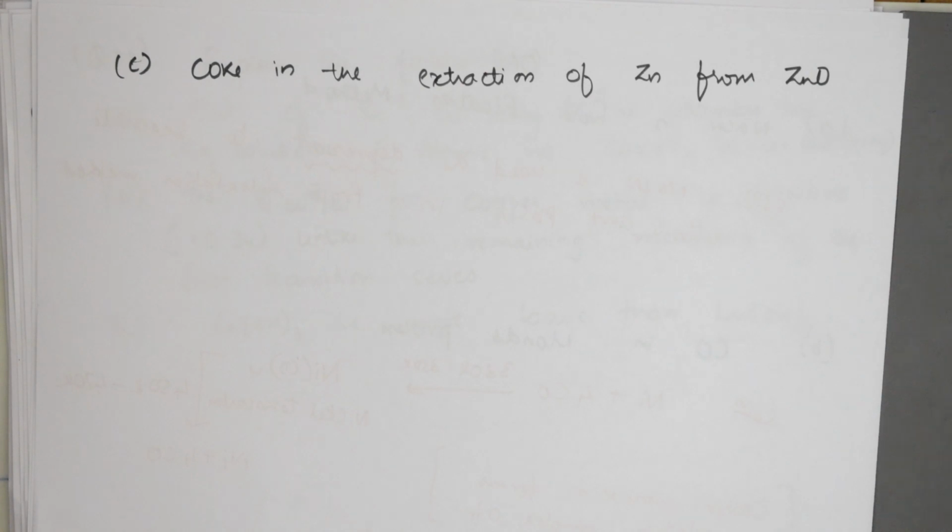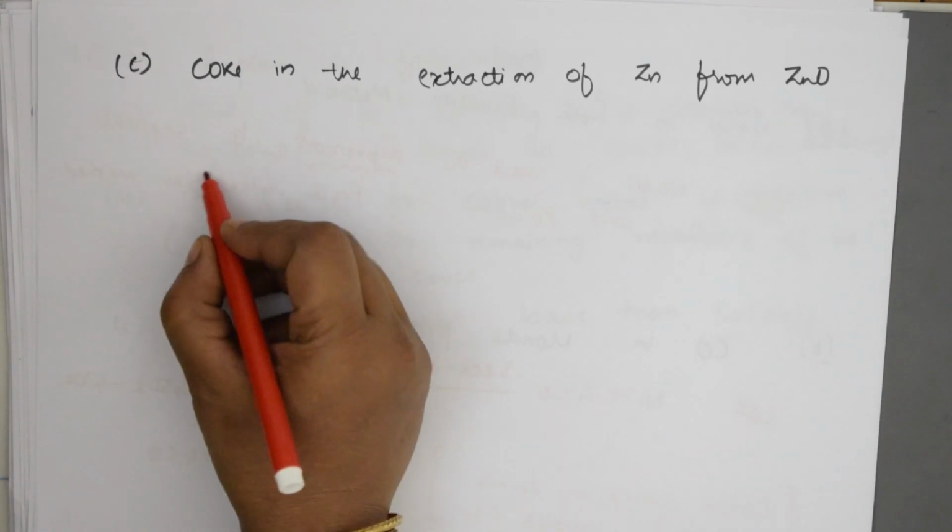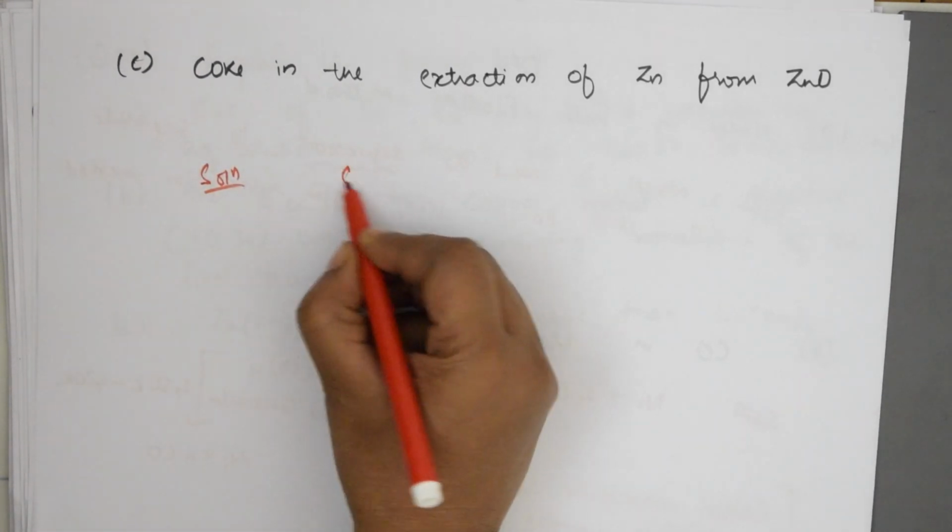After extraction, we do the refining process, with purification techniques like fractional distillation. During the extraction we do a process called reduction, so during that reduction, coke is added. Remember that.